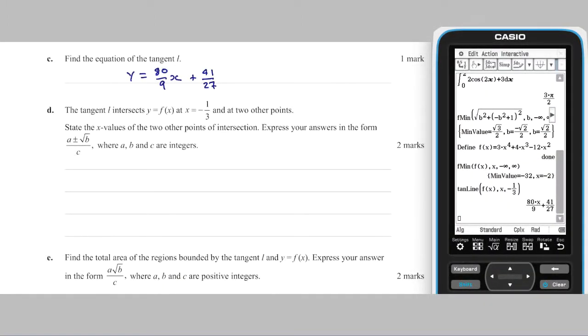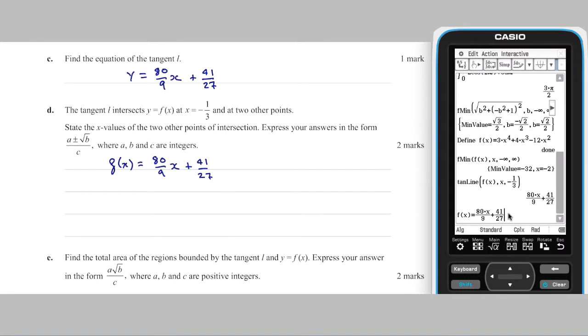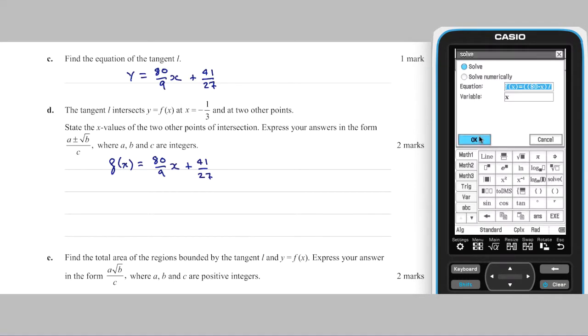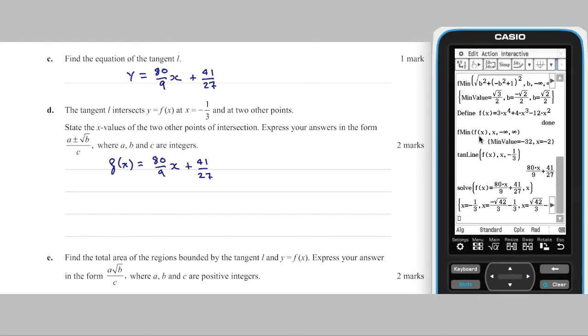Part D. We now wish to find the other 2 points where this tangent intersects the function f of x. So we're interested in solving f of x equal to the equation of the tangent. And this equation can be solved on our ClassPad. This provides us with 3 solutions.